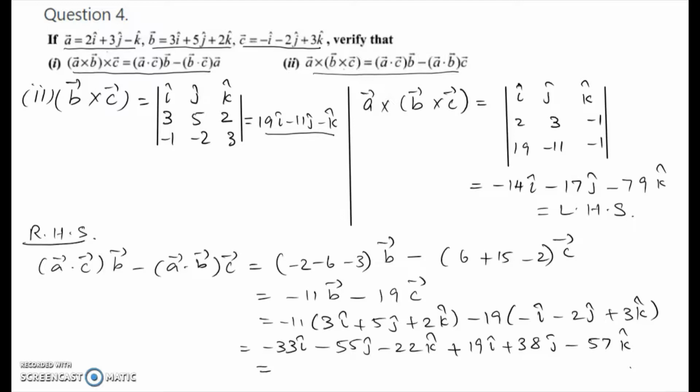So simplifying this, we will get minus 14 I cap minus 17 j cap minus 79 k cap. So that's our right hand side. So left hand side is equal to our right hand side.